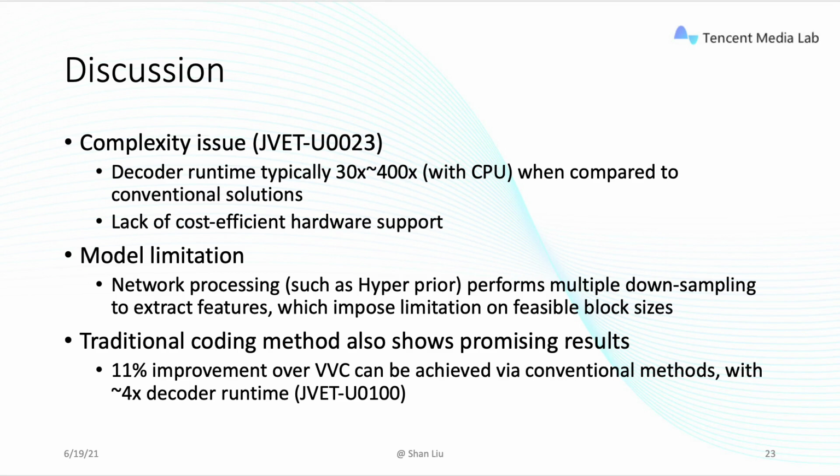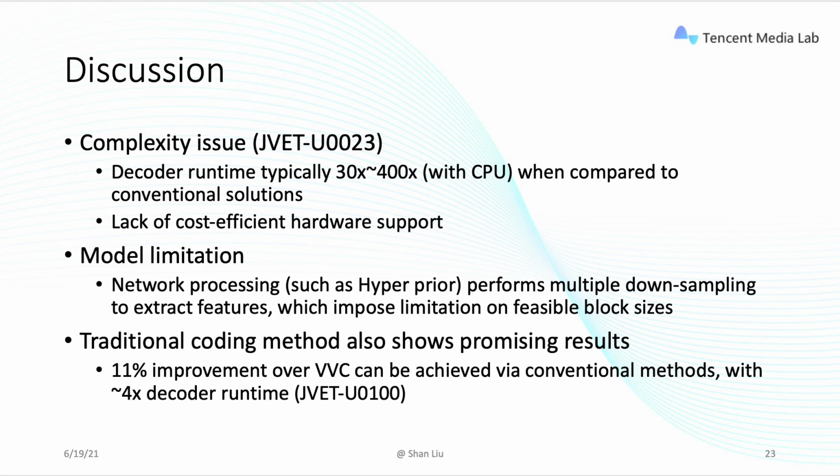In some earlier slides, we've already seen that the complexity of learned compression methods is generally much higher than the conventional methods. For example, the decoding runtime of learning-based methods is typically tens to hundreds of times slower than traditional methods, and the memory size desired by neural networks is far beyond what current hardware platforms could or would like to afford, and thus there is a lack of cost-effective hardware support. The models may also impose some limitations.